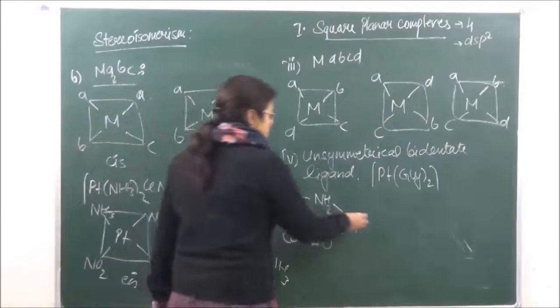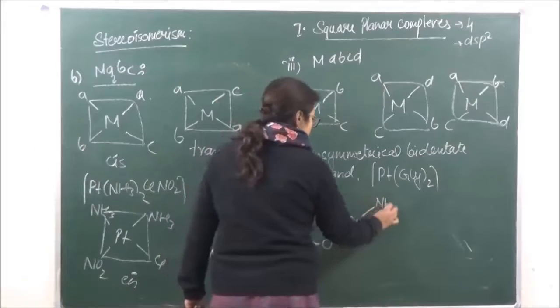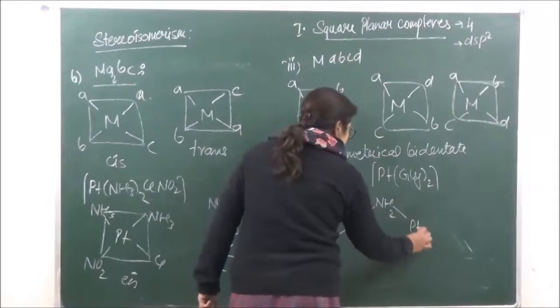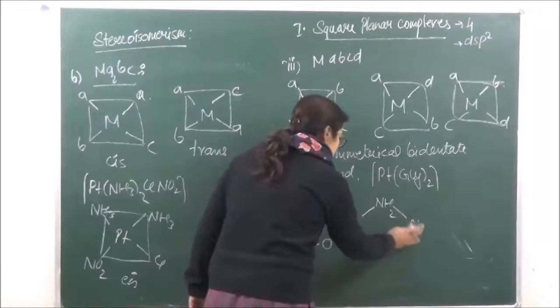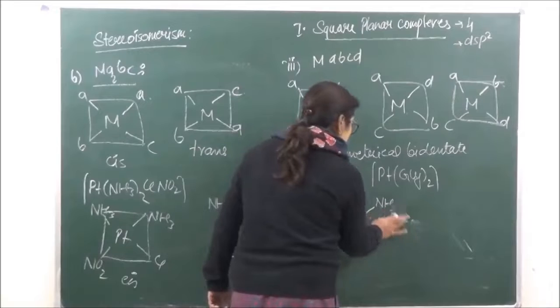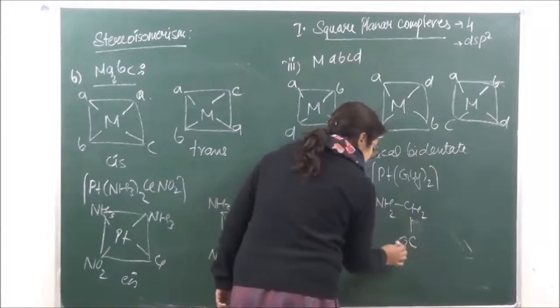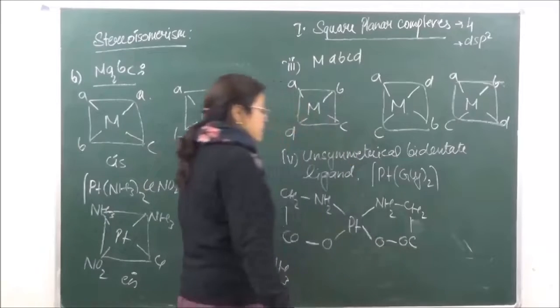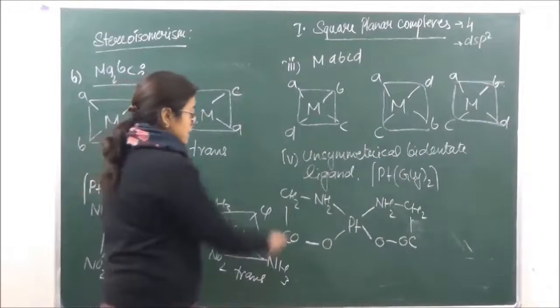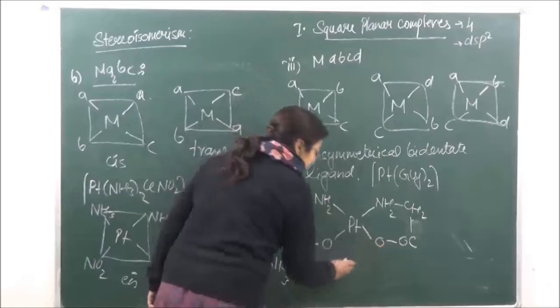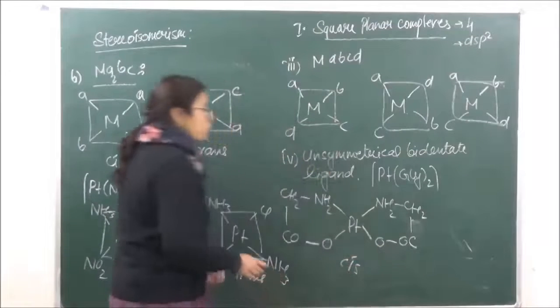Now over here I am saying that if the point of joining of the same donor atoms is on the same side, same donor atoms on the same side, then this is going to be cis.